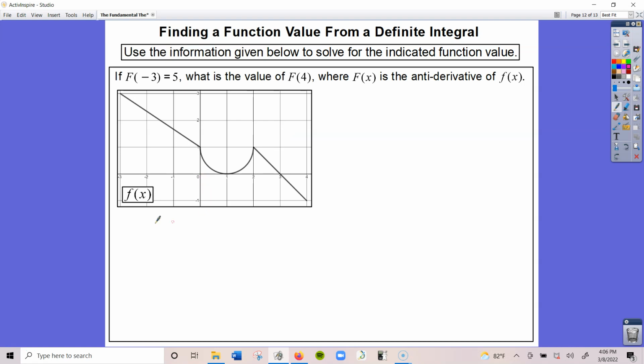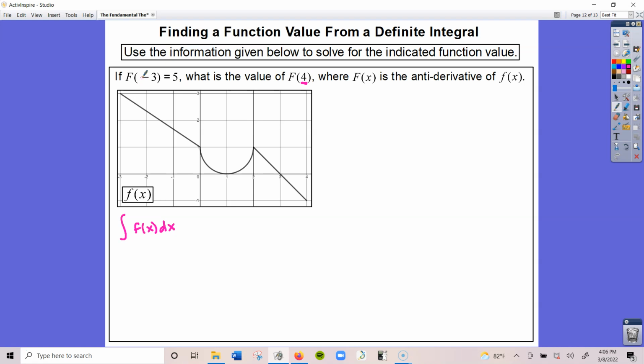To figure out how to set this up, I know at least that it is an integral, and we're going to integrate f of x dx. But that's not enough. We need our limits of integration. How you can determine what those limits are is, if we are looking for F of 4, 4 must be included.